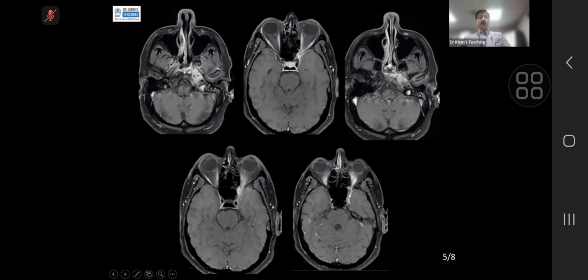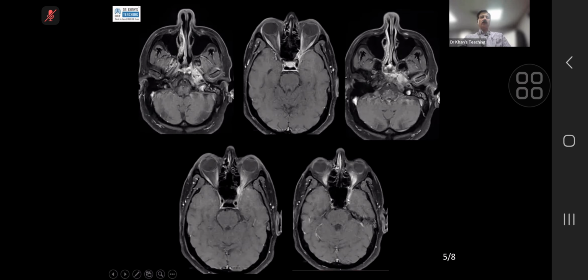I will show you cases, maybe in the next session, where please remember that there can be secondary thrombosis of the ICA. That is known to happen. When there is cavernous sinus thrombosis, it's common sense because there is infection there, that infection will penetrate the wall of the carotid artery, and the patient will present with stroke, complete occlusion of the carotid.